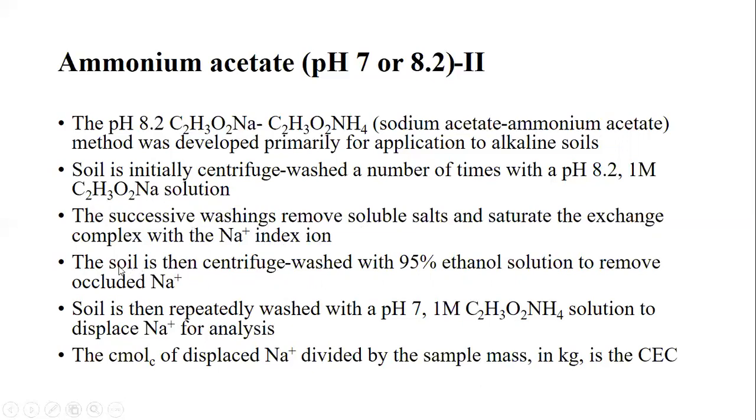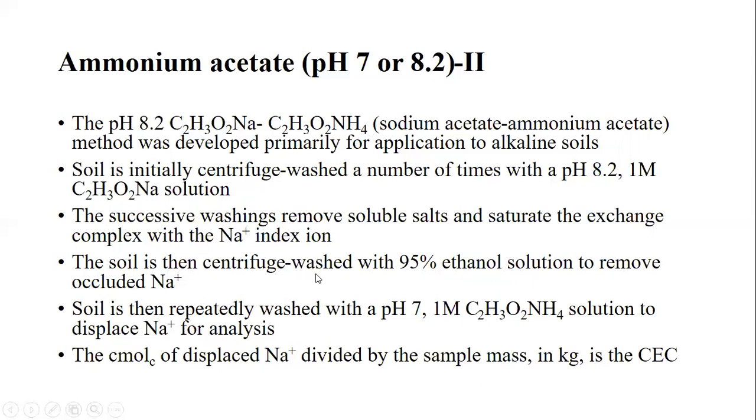Then the next step, the soil is centrifuge washed with 95% ethanol solution to remove occluded sodium. What do we mean by occluded? Now we have sodium on the exchangeable site. This is attracted to the surface. It's not removed. But we also have in the soil pores that sodium acetate solution. That's extra. We don't want it. It's not exchangeable.